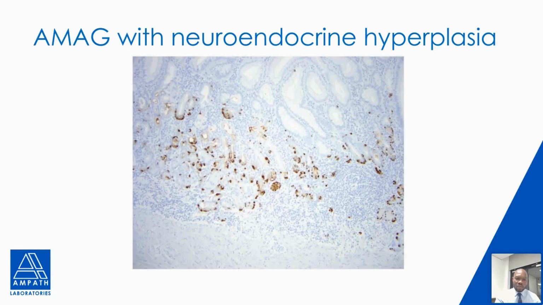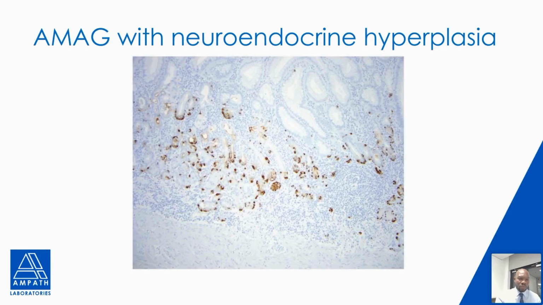If one is not familiar with the pattern, there are a lot of images to compare with what a normal appearance will be like. These also become the precursors for the neuroendocrine tumors in these patients, so they may develop carcinoid tumors later on.